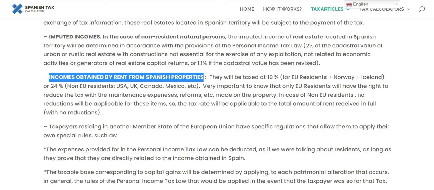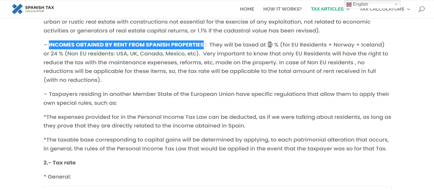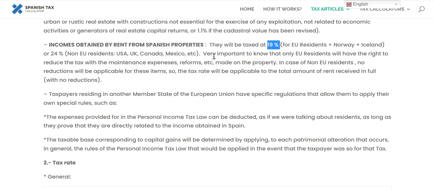This you will see later. There are 2 tax rates depending on whether you are resident or non-resident in the European countries, and there are some specifications also about being resident or non-resident in one of those countries, in EU countries or out of EU.